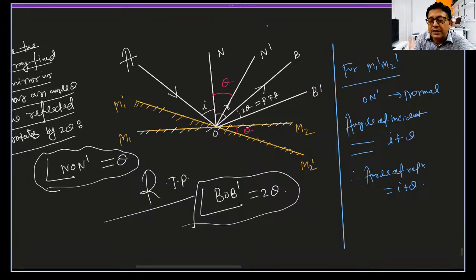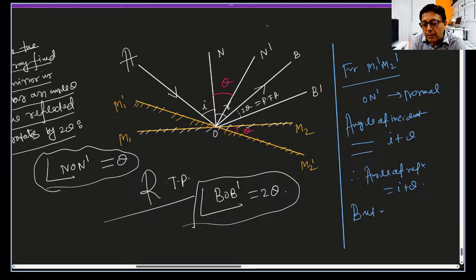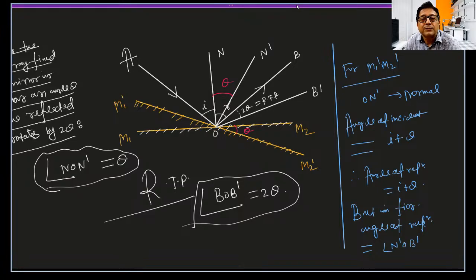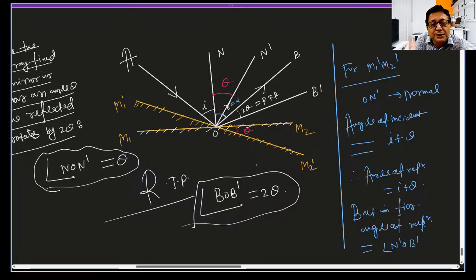But in this diagram, the angle of reflection is N dashed OB dashed, isn't it? How can I get that? Initially you can see that this R is equal to I.